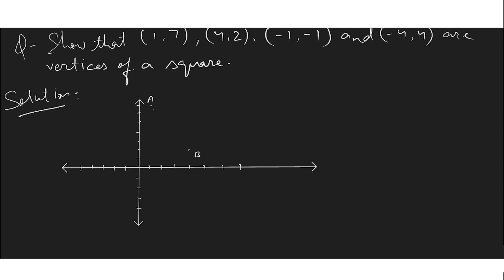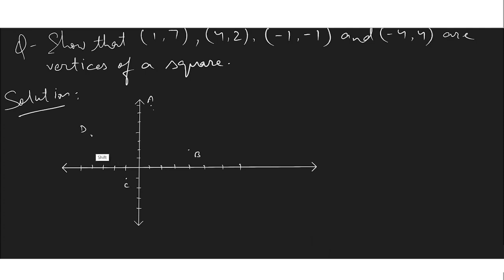So this is point B. Point C, -1, -1, somewhere here. Let this be point C. And point D, -4, 4, somewhere here.